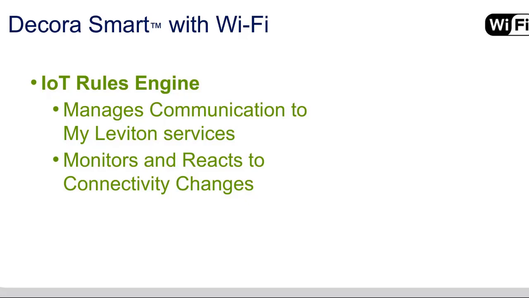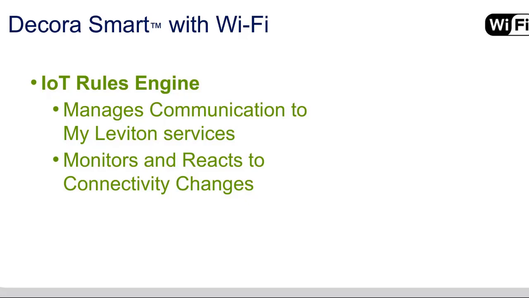So we use it to control communication with our own cloud service, which manages many other aspects of our application. It also monitors and reacts to connectivity changes on the devices. Those are the two main jobs that we use the rules engine for.